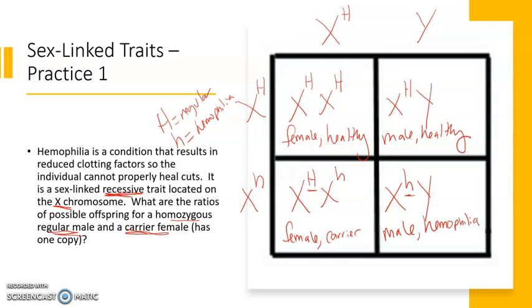All right, so like I said, when we talk about sex-linked traits, we do need to discuss both the sex and the other phenotype. So both of our females would be fine, one would be a carrier. 50% chance that male offspring will have hemophilia.